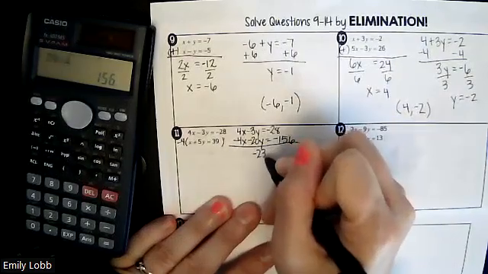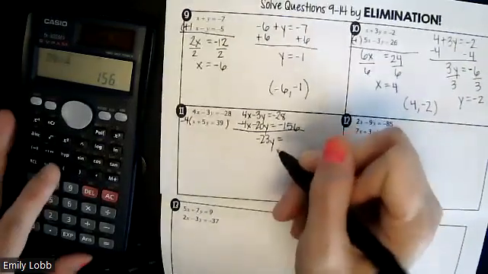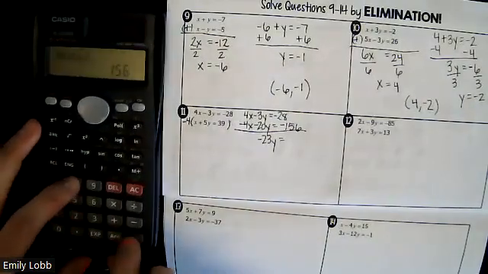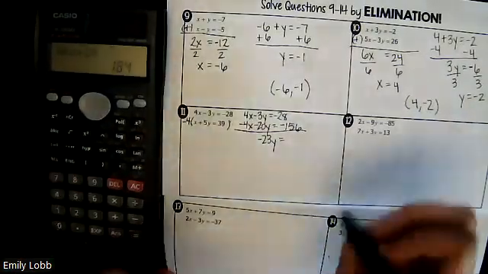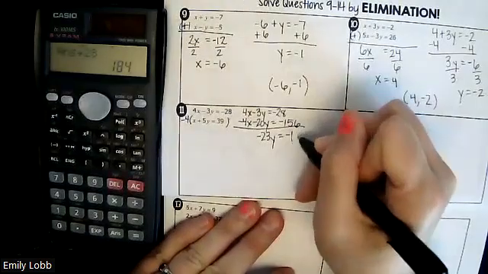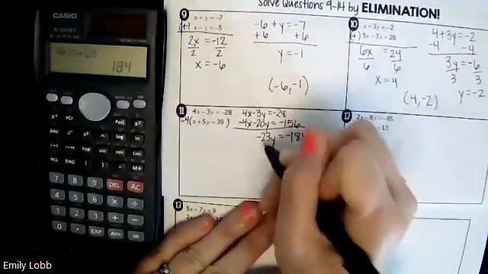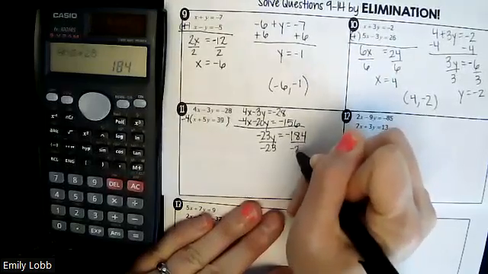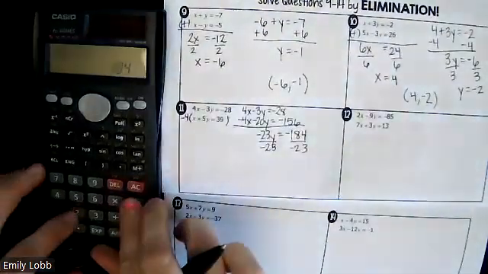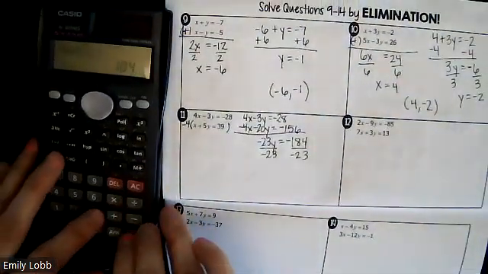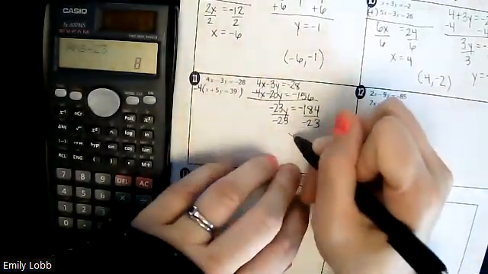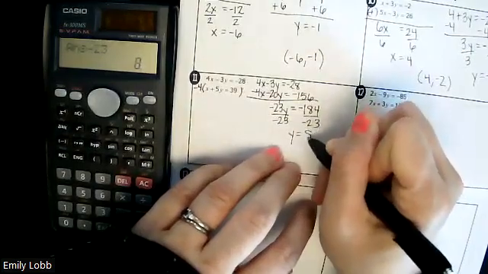Negative 23y equals, so I'm actually combining these. So I'm going to go ahead and just add 28 to this. They're both negative. So negative 184. When I divide by the coefficient of y, any guesses? Divided by 23, like 8 maybe? Yep. y is equal to 8.